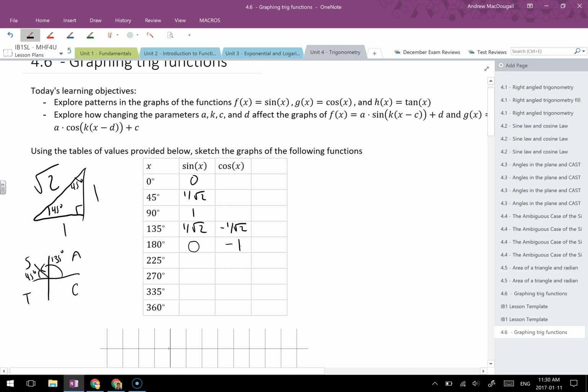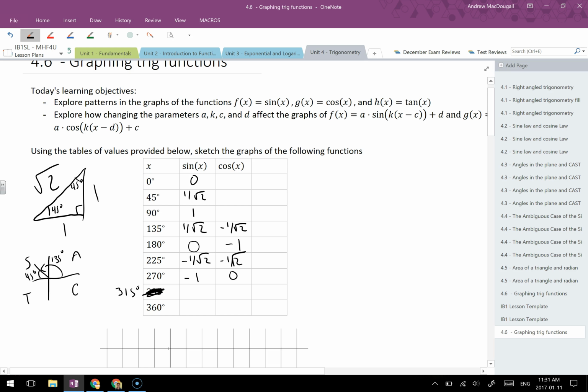225, that's 45 degrees in the third quadrant, where sine and cosine are both negative. 270 is going to have negative 1 for the sine, 0 for cos. This should actually be 315 degrees. That's a typo.